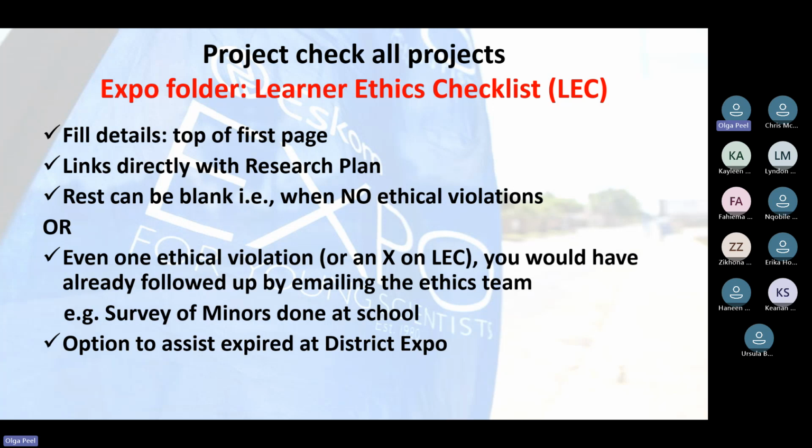So if you're talking to humans, surveying minors at school, doing pre and post tests in an education project, then there will be at least 1 X on the learner ethics checklist, and that's called an ethical violation.